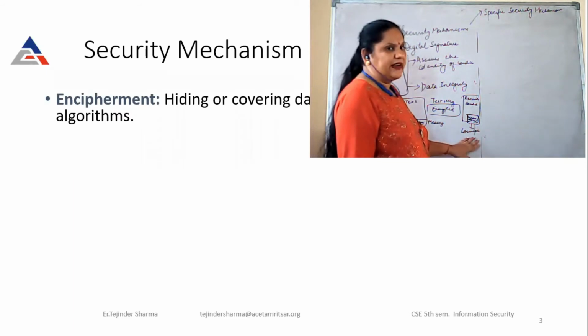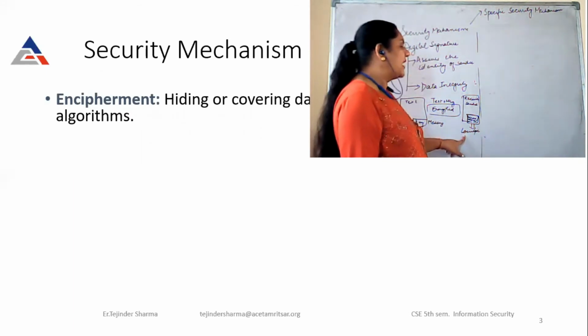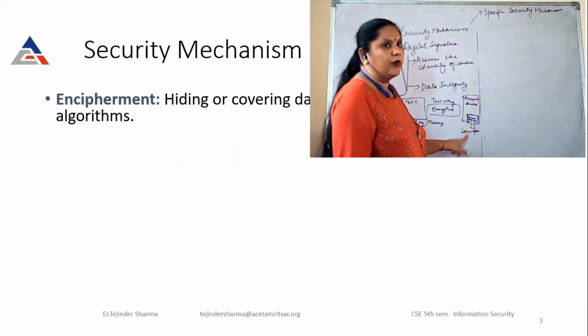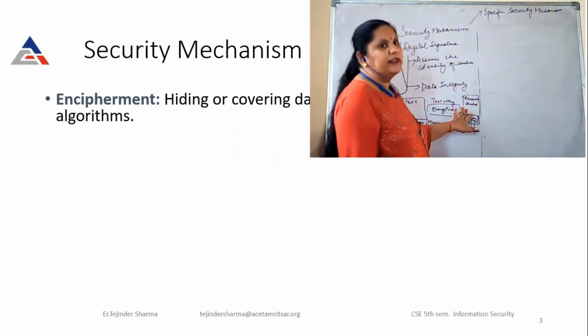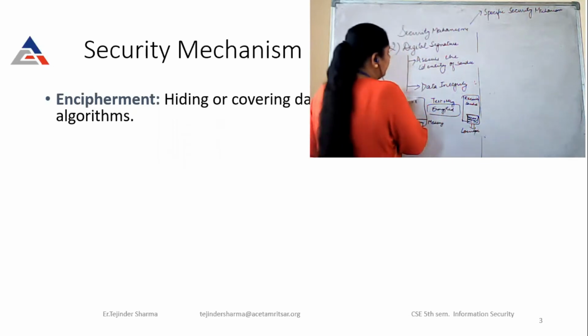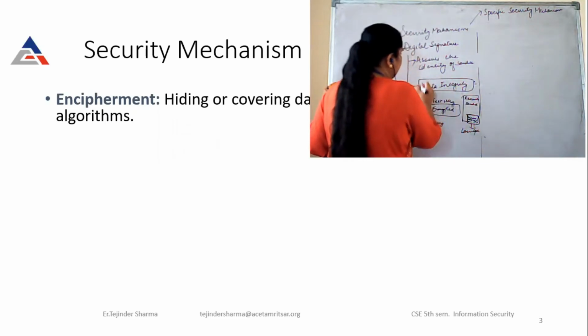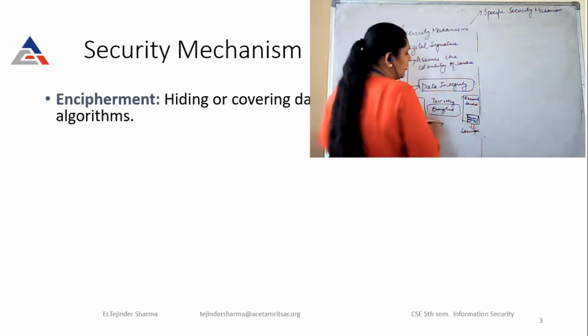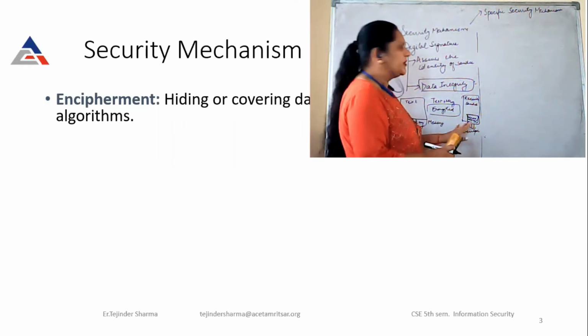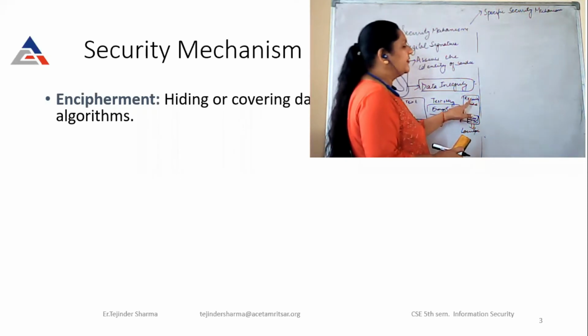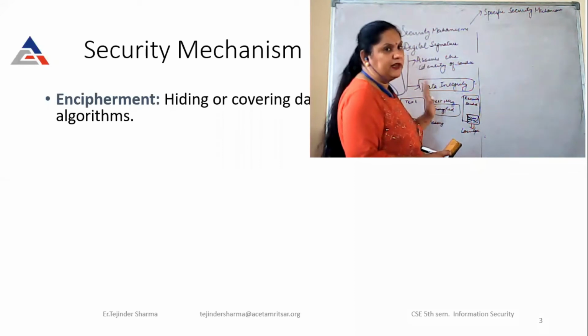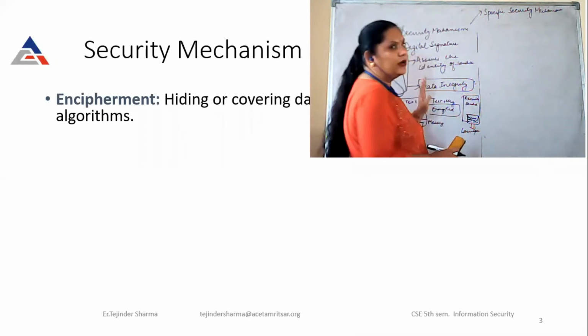And once the receiver gets this message, he knows that it has been modified by someone, so it will discard this message. So that means data integrity. If the data is modified, this message is going to be disrupted, and the receiver will come to know that this message has been modified on the way.